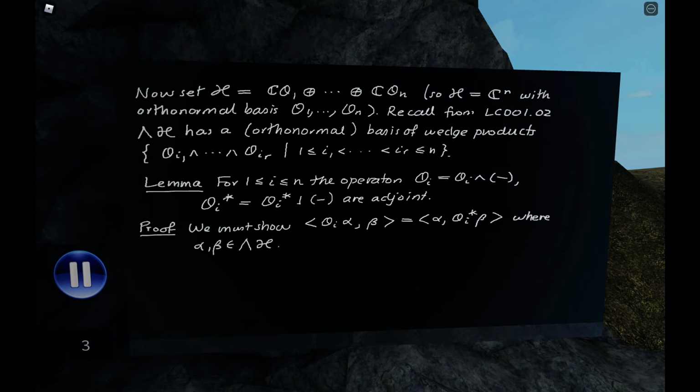Now both the left and right hand side are linear in alpha and beta, so we can first of all reduce, by what I just set up here, to the case where alpha and beta are wedge products of theta i's. So I can assume that alpha is some wedge product, let's say of r basis vectors, and beta is also a wedge product.